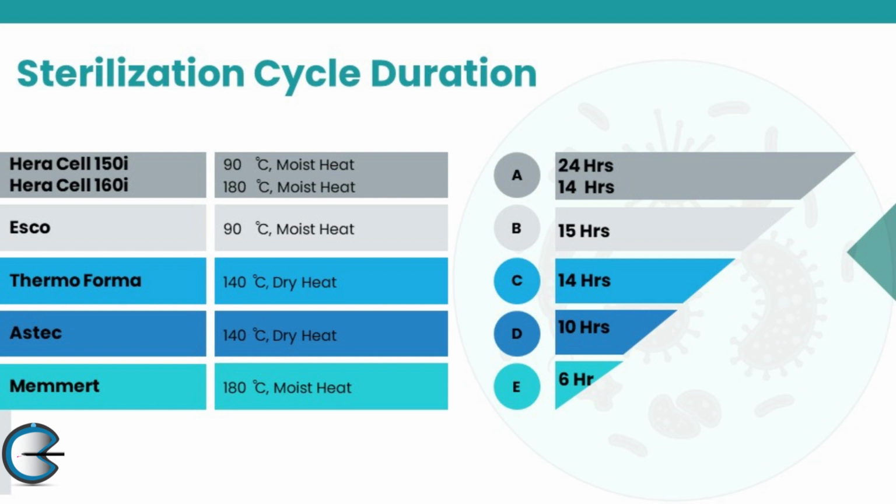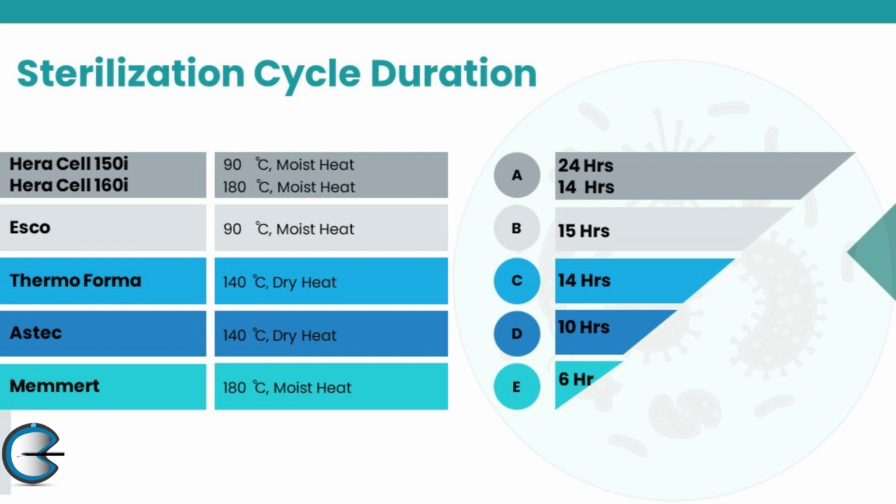So based on the sterilization cycle, Hera Cell 150i has a 24-hour long sterilization cycle, which is the older model. The newer model has a 14-hour sterilization cycle and at a 180 degree centigrade temperature, which is much higher temperature and the recommended one. Esco has a sterilization cycle of 15 hours.